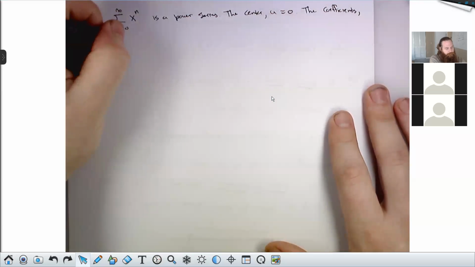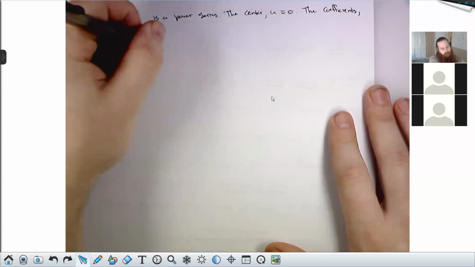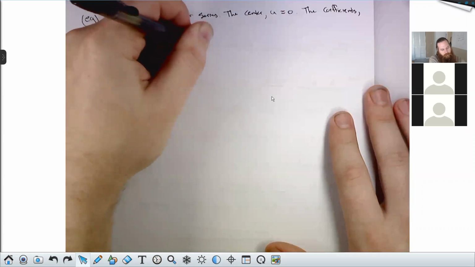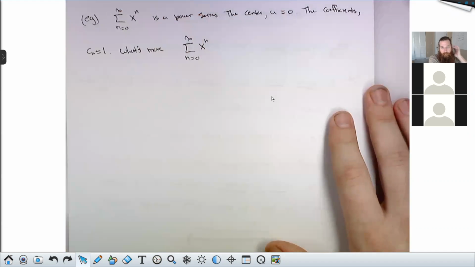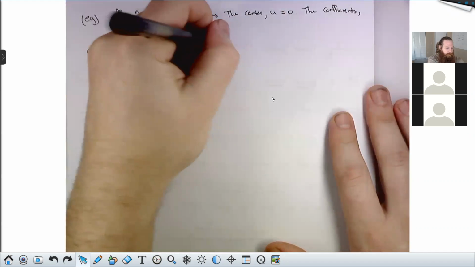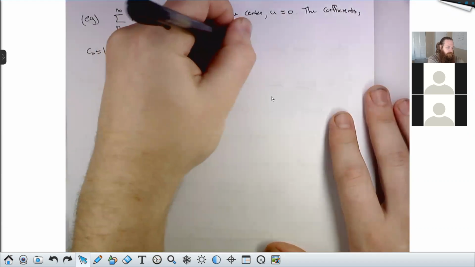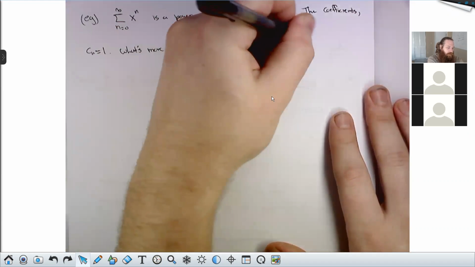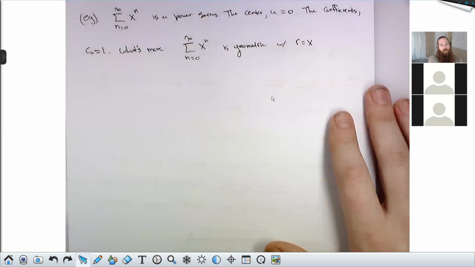What's more, this power series happens to be a geometric series. The common ratio here is x.